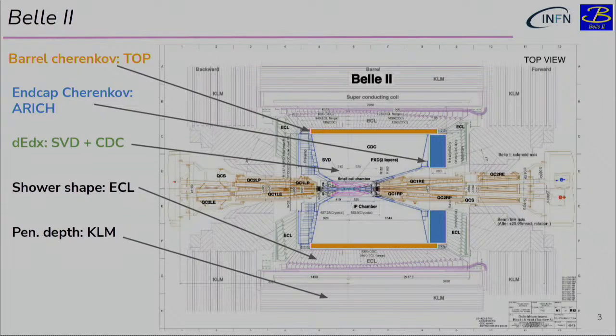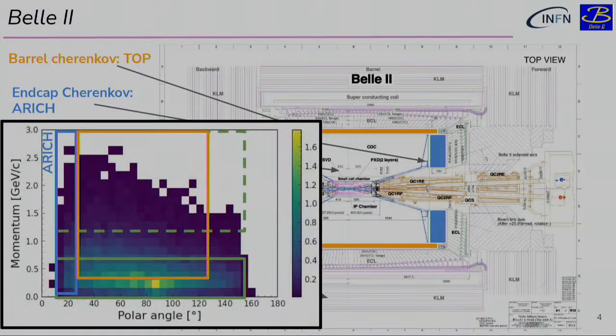However, I will focus only on the Cherenkov parts of this, so on these two systems, which are called TOP and ARICH. Now, the coverage, referring to the previous plot, is the orange one for the TOP, which is the barrel one, goes in principle to infinity in momentum, and has a lower cut around here for the acceptance.